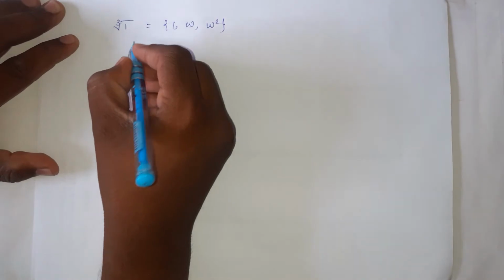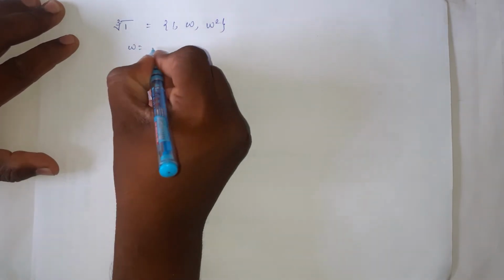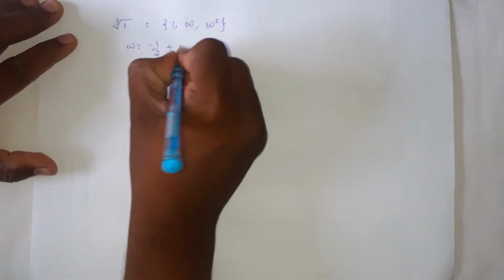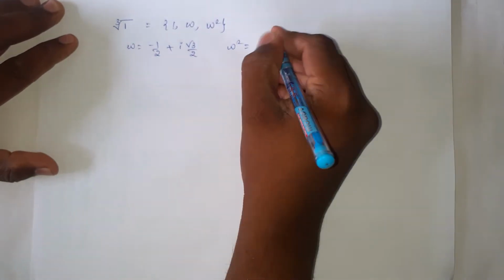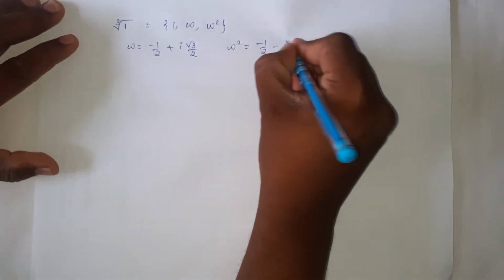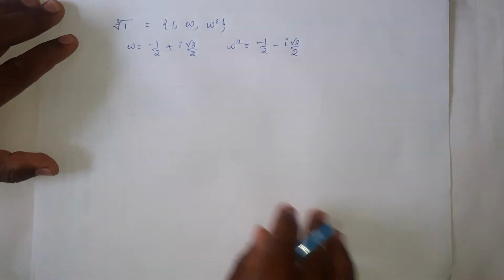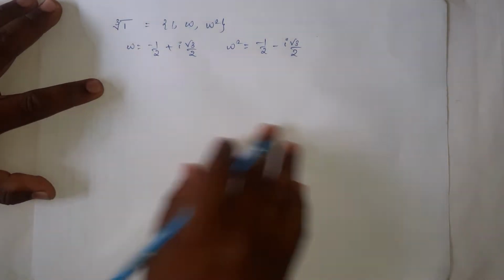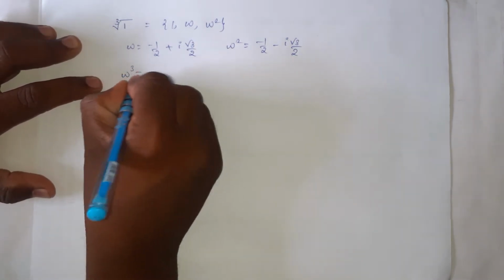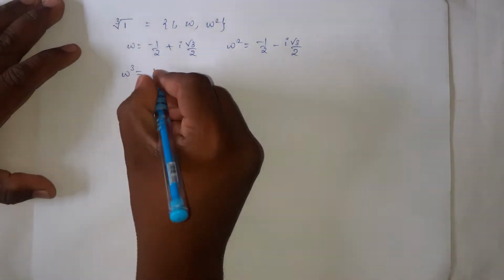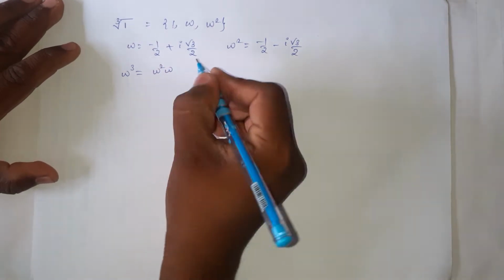Here the value of omega is minus 1 by 2 plus i into square root of 3 by 2, and omega square is minus 1 by 2 minus i into square root of 3 by 2. Here we need the value of omega cube. For that we need to multiply omega square and omega.